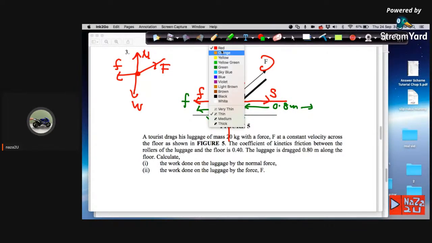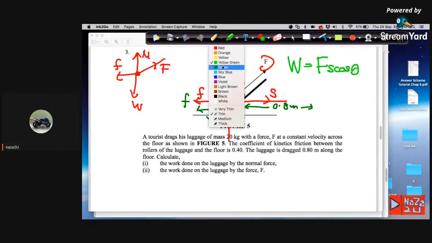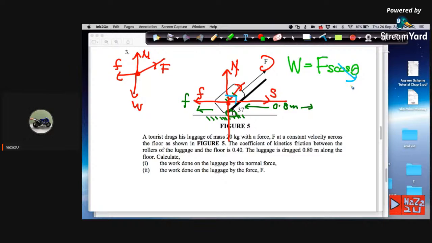But if you look at the angle, because the work done equation is Fs cos theta, for the normal force, the angle between N and S is 90 degrees. So theta is 90 degrees, meaning cos 90 is equal to 0. So the work done by the normal force is equal to 0.